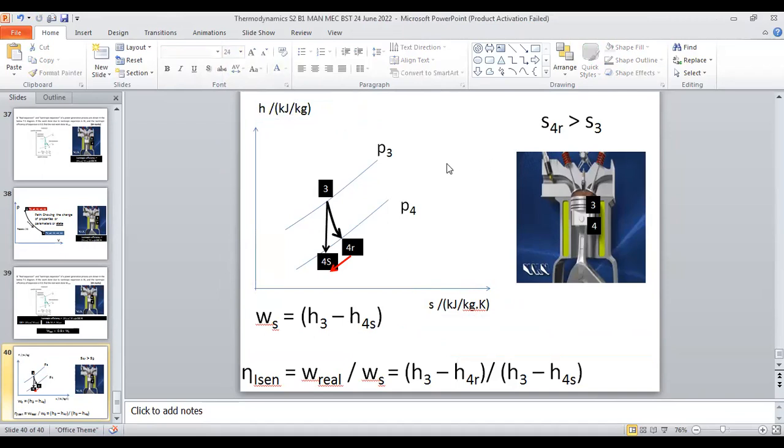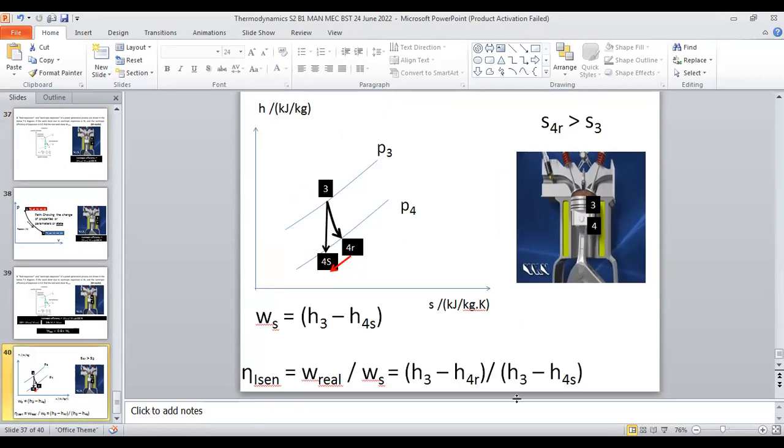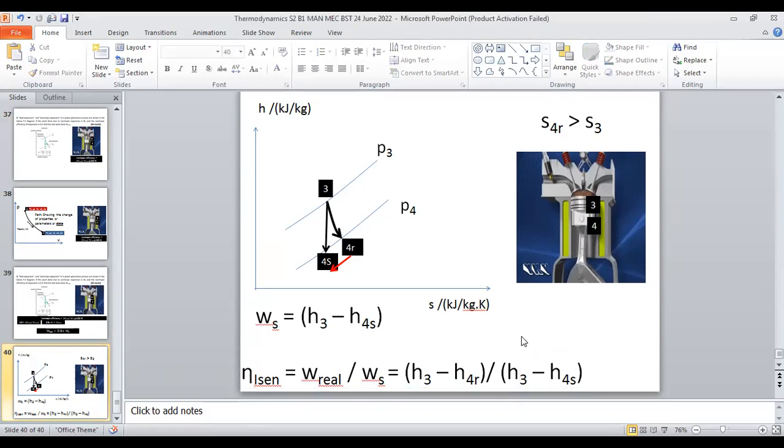H-axis. Okay. So high pressure, P3, to reduced pressure during expansion. Entropy unchanging is isentropic. Entropy changing, of course, it's increasing. It's the same. Okay. Even the expression is given. So quite simple.